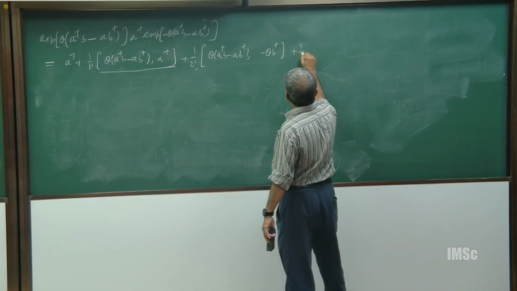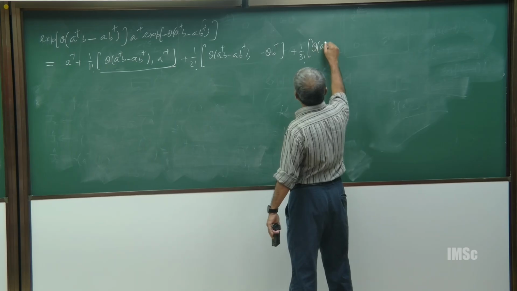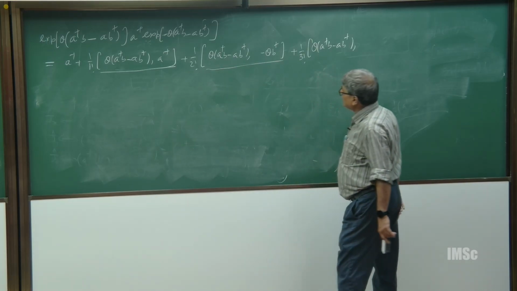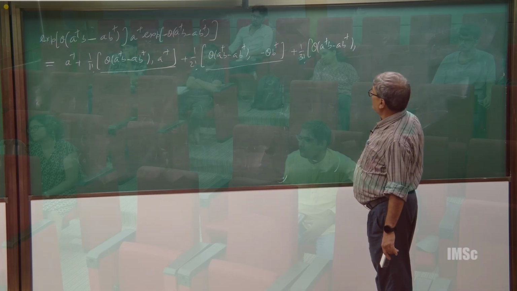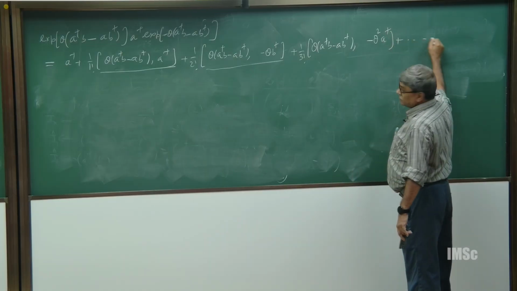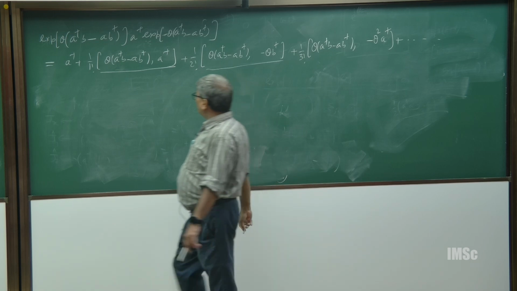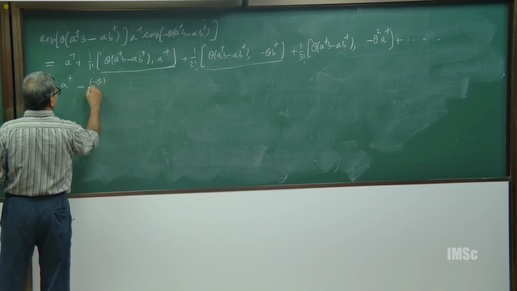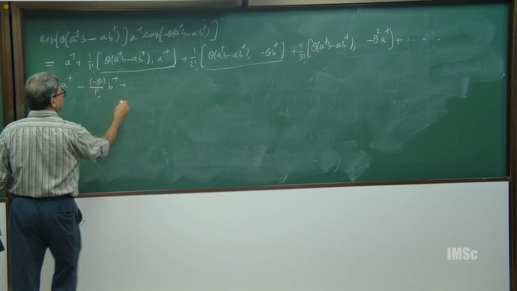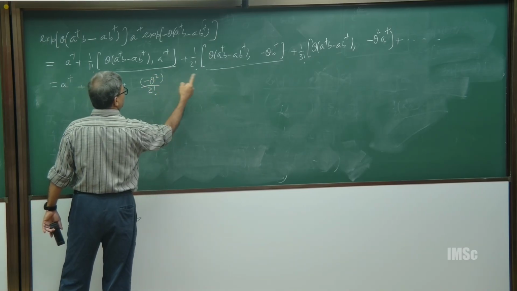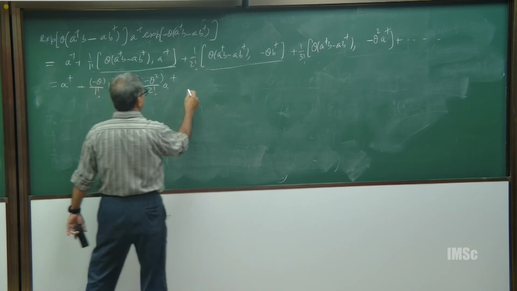Plus 1 by factorial 3, theta (A dagger B minus A B dagger), then this commutator. What will this be? B dagger anyway doesn't matter. So the B dagger B means A dagger will come. Theta square A dagger. And so on. So this is A dagger, now plus minus theta by factorial 1 B dagger, plus minus theta square by factorial 2, this is A dagger, plus so on.